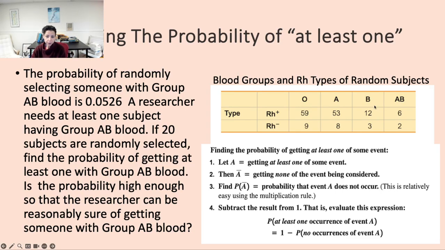And so remember, getting at least one person with AB blood is A. The complement of that is getting no one with AB blood in those 20 people. So the probability of getting at least one is the same as 1 minus the probability of getting no one with AB blood.